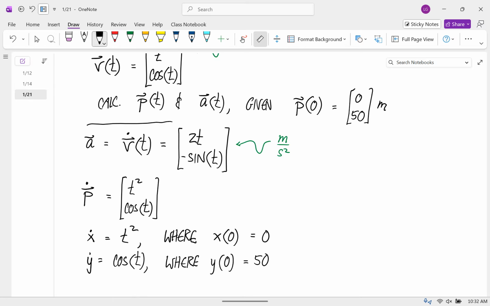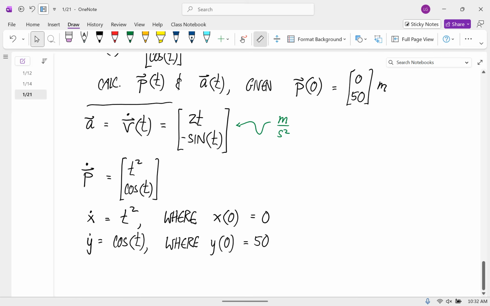Okay. Anybody want to take a second to look at this and make sure you see where everything's coming from? I'm just sort of rewriting things.